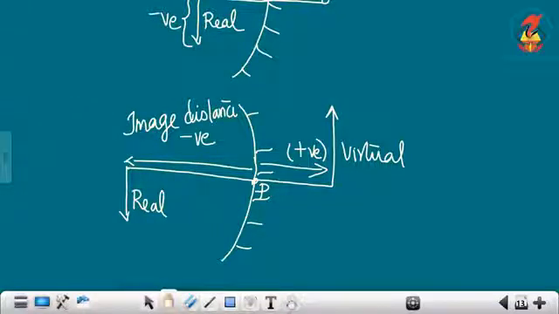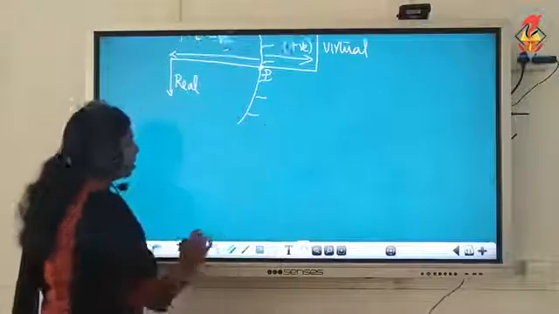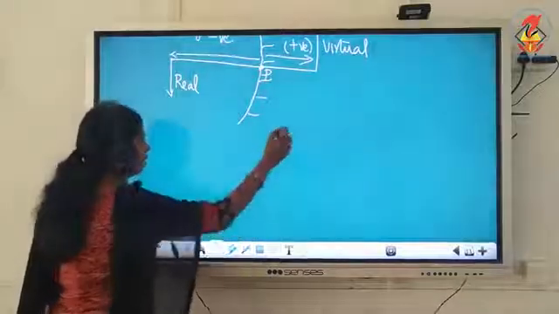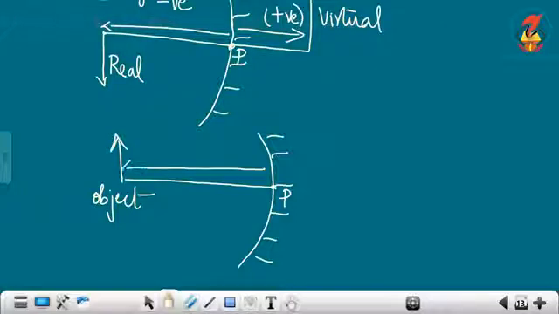Then, normally we will place the object on the left side of the mirror, whether it is concave or convex. This one is the object. From the pole we will measure this distance.